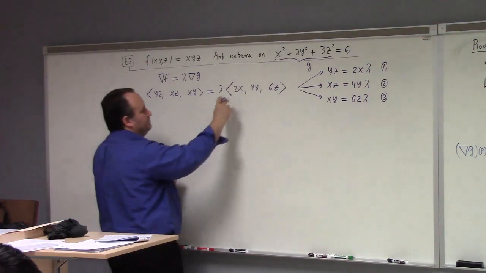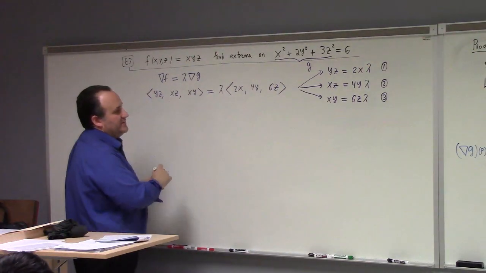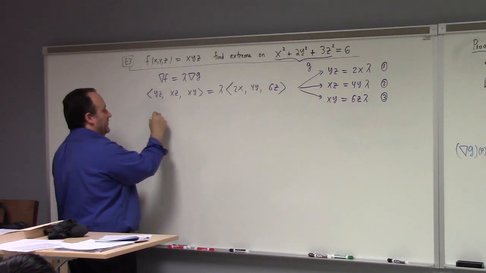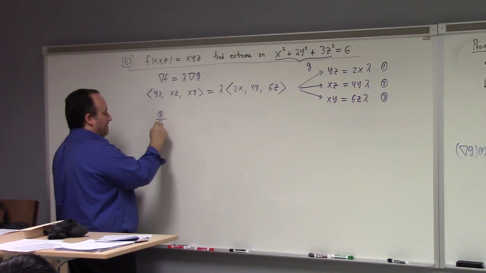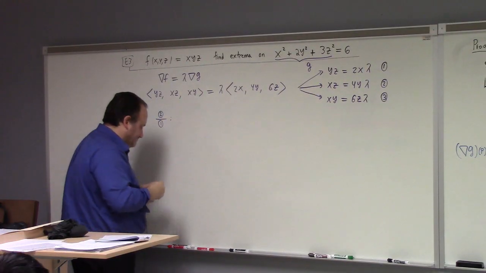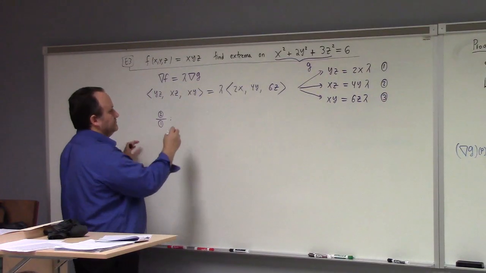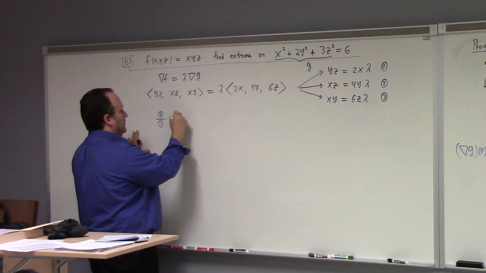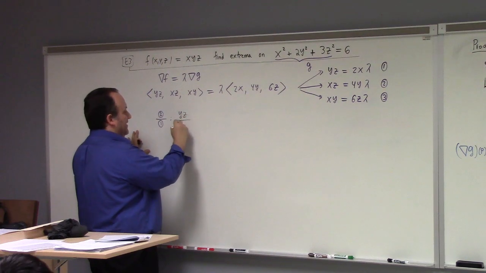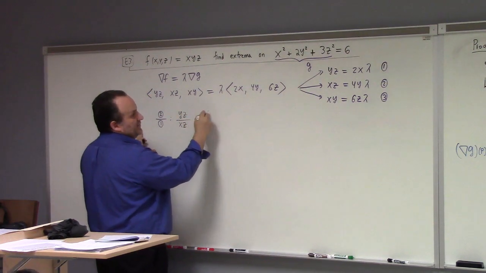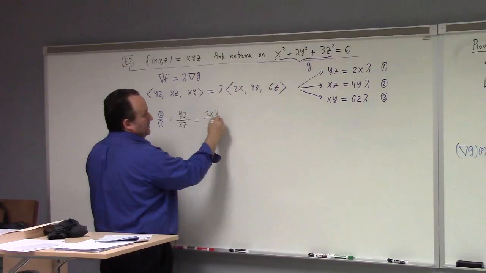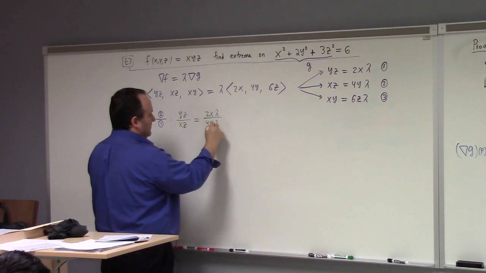Okay, so how about this? Let's look at 2 over 1. What's that give us? yz over xz is equal to 2x lambda over 4y lambda, which simplifies simply.